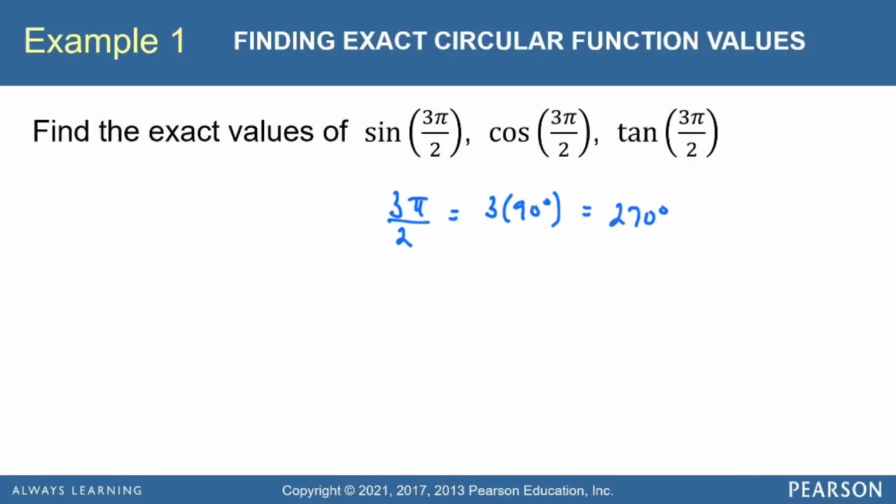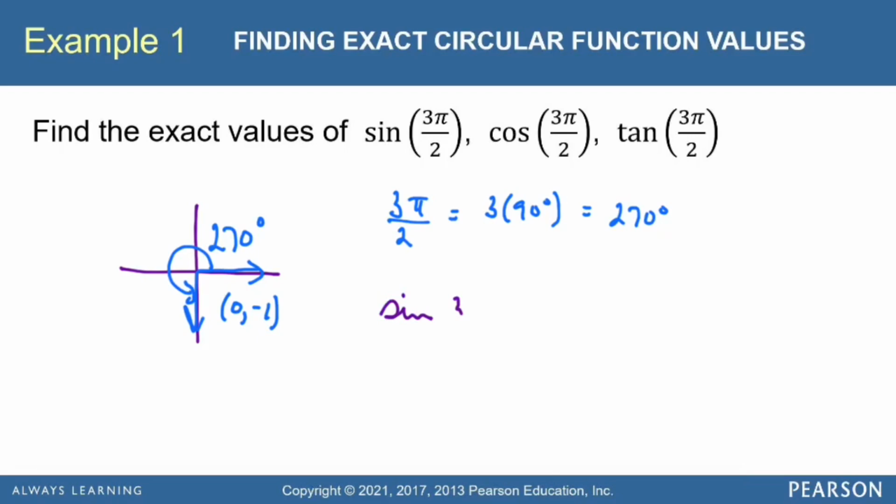And now let's draw ourselves a diagram. So here's a coordinate system. The 270 degree angle would be right here with its terminal side on the negative y-axis. And so that means that terminal side is going through the point (0, -1) on the unit circle. And so we see right here the cosine and the sine of this angle.